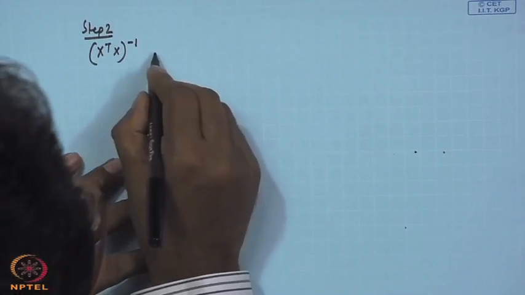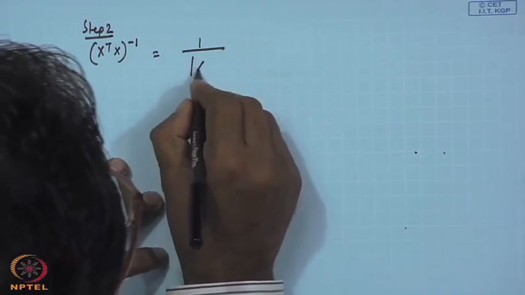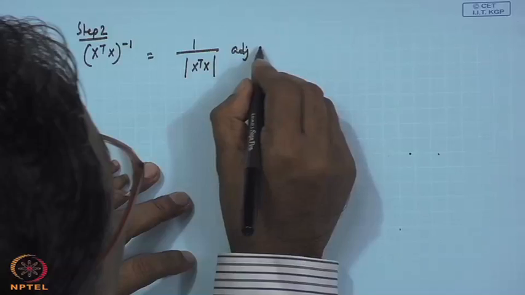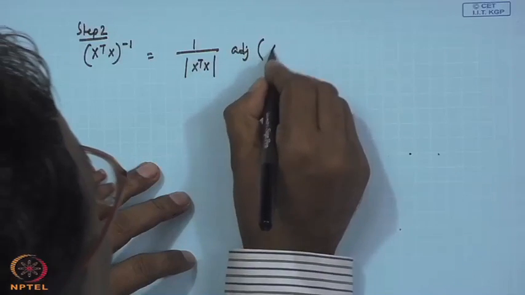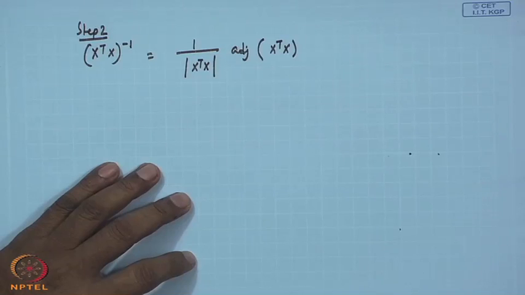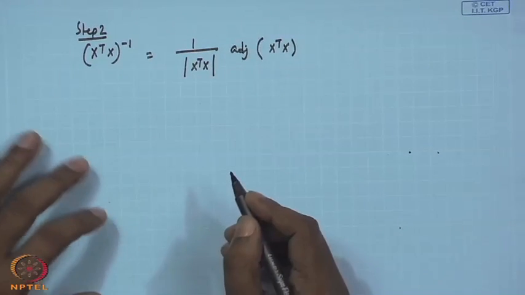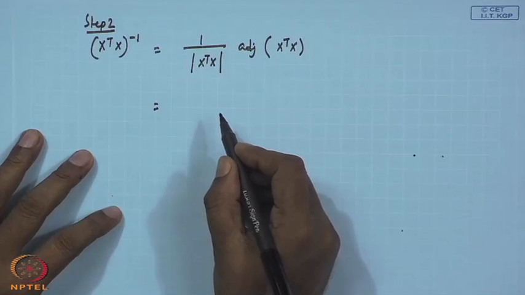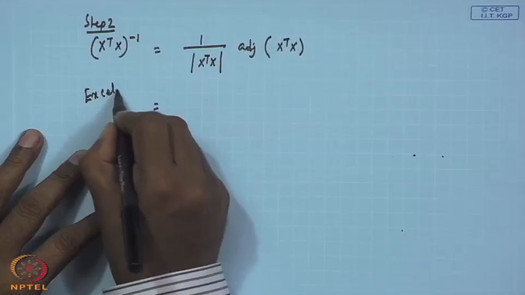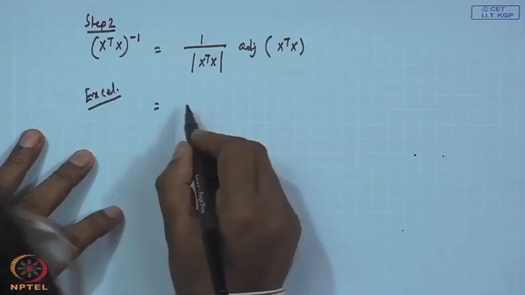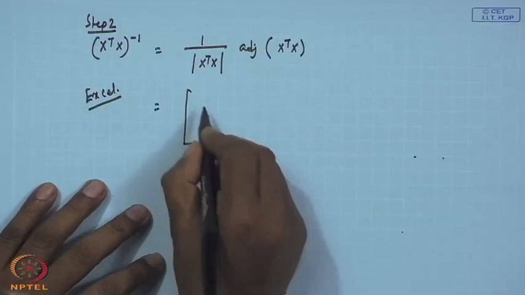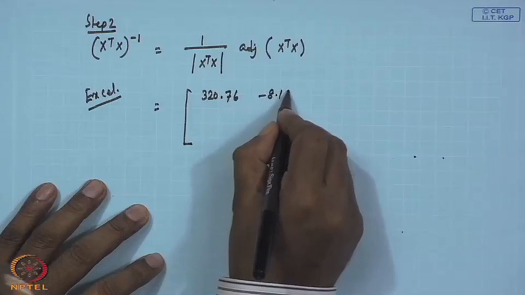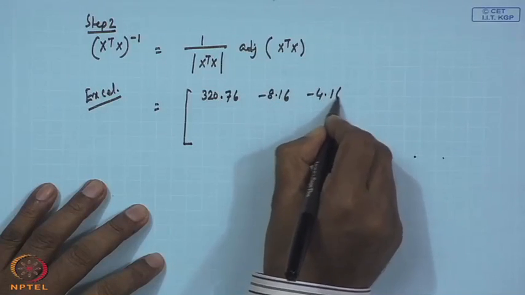Step 2 says X transpose X inverse will be 1 by determinant of X transpose X times adjoint of X transpose X. Ultimately the resultant quantity, if you use any tool, suppose you use Excel, I have used Excel, and the value that I got for this data set is 320.76, minus 8.16, minus 4.16.